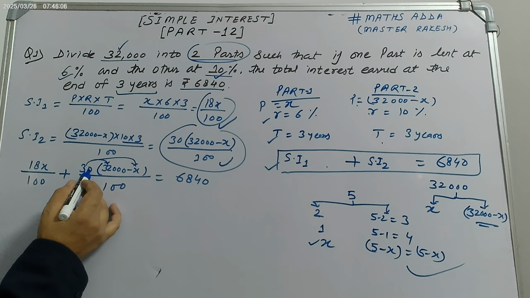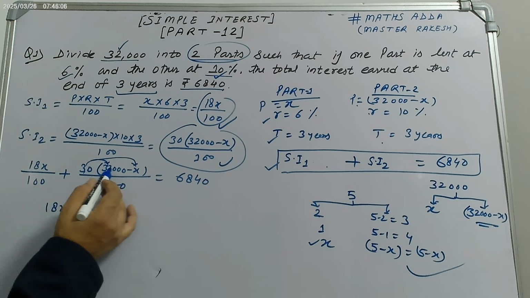So the zeros will come like this. 3 times 32 is 96,000. So minus 30x, upon 100, as it is, because 100 is the LCM. 100 is in division, so it will go into the multiplication.